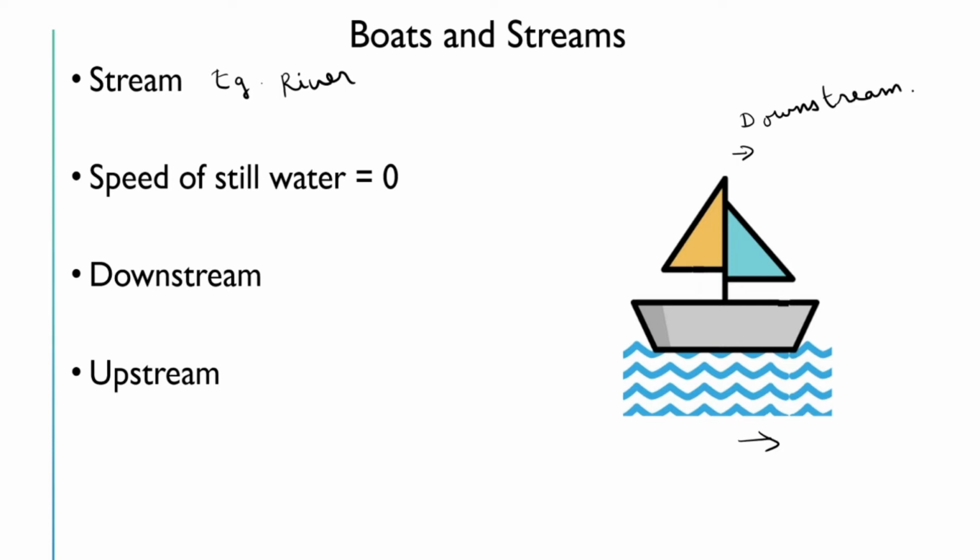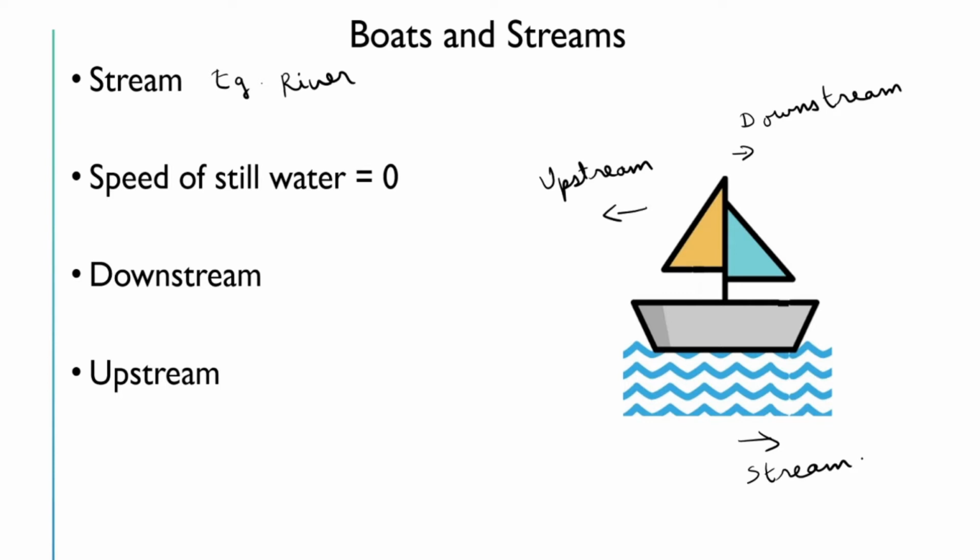On the other hand, if the boat is going opposite to the direction of the stream, then we call it as upstream. So if the boat is going in this direction, then it is called upstream. So this is the direction of the stream.